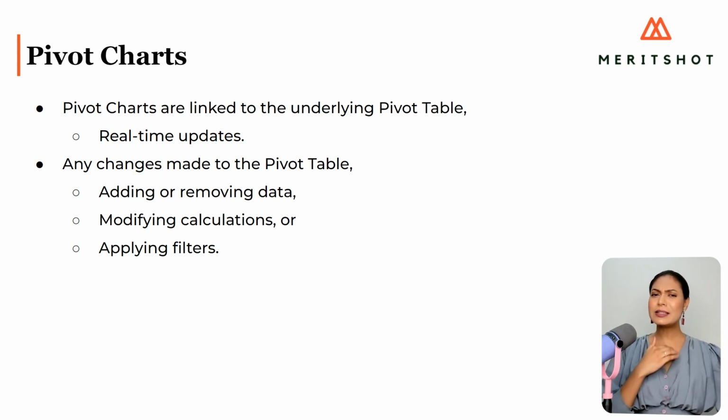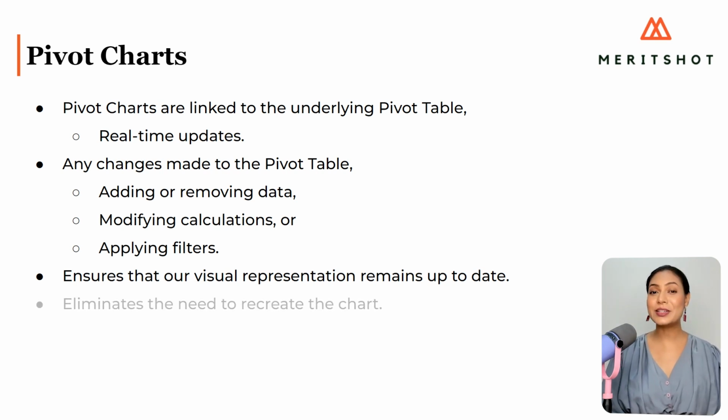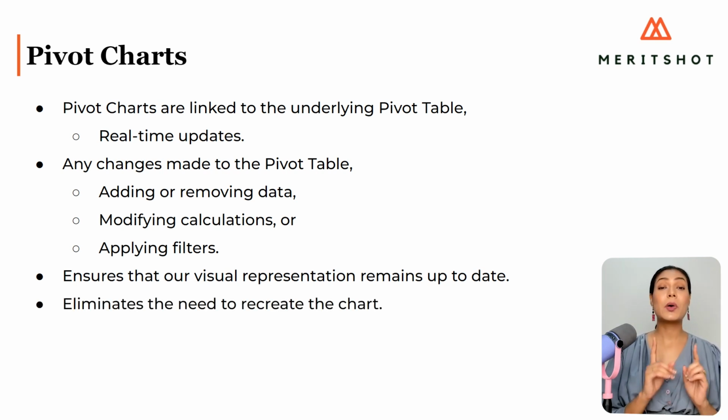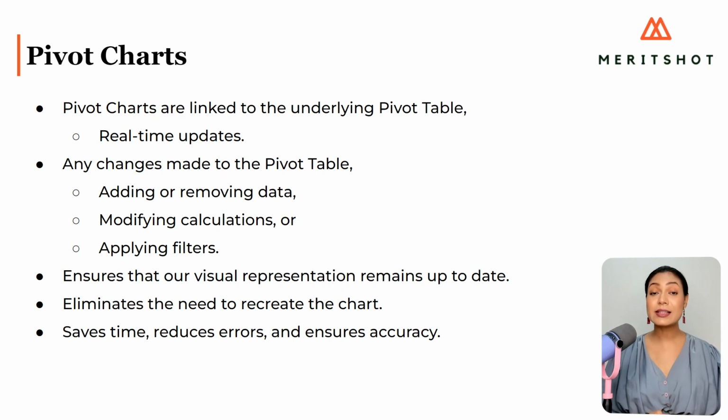So the seamless synchronization ensures that our visual representation remains up to date and eliminates the need to recreate the chart when the data changes. It saves time, it reduces errors, and it ensures accuracy in our analysis.